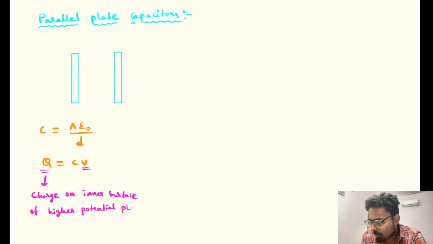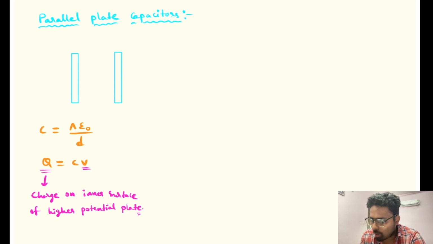This is very important. Just by remembering this formula you won't be able to tackle some good questions. So don't think that Q equal to CV simply means it's the charge on the capacitor, or the charge of the left side conductor.